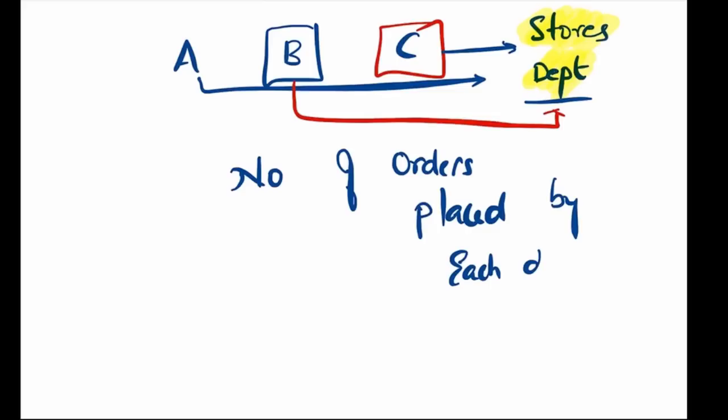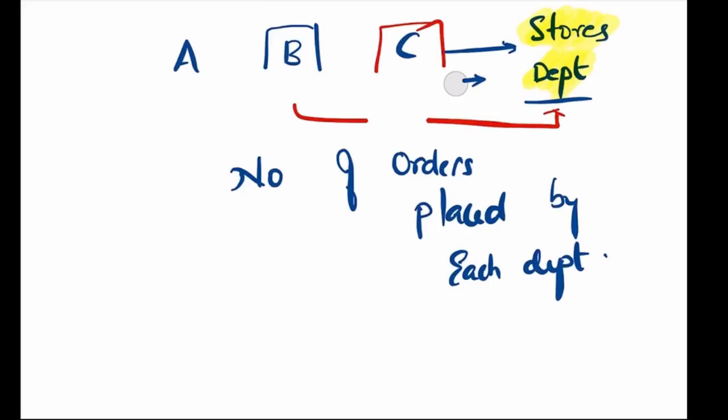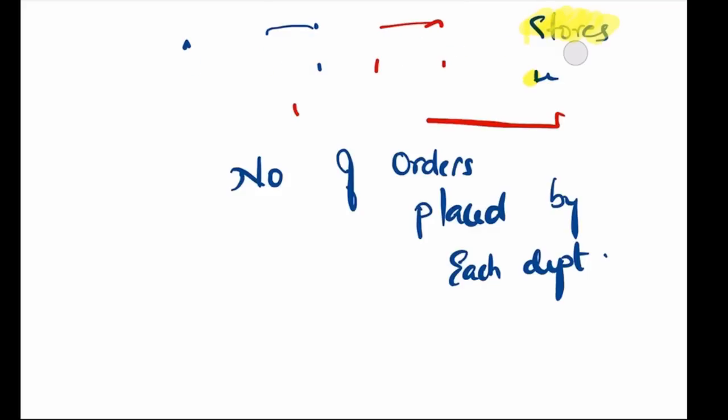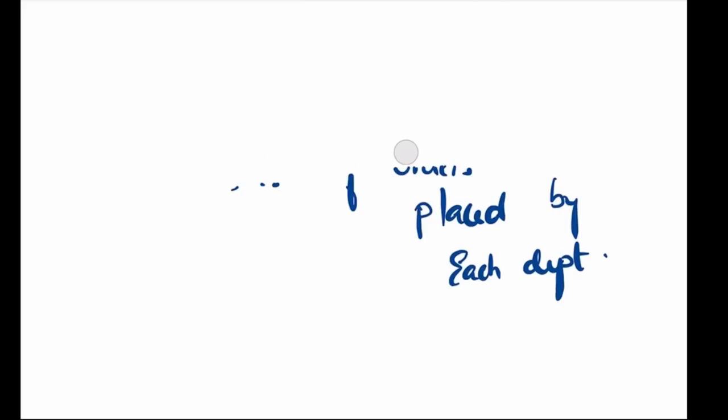Now keeping this in mind, let's take an example. After allocation and apportionment, I have A, B, C and the stores department.